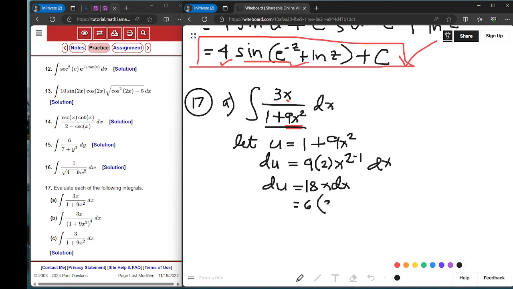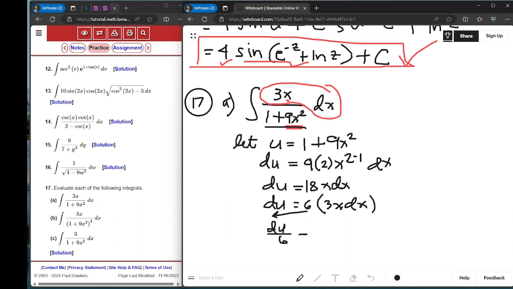So that would be 3x dx, which is this one here. We'll just have to transfer 6 to the other side, so that du over 6 is equal to 3x dx.